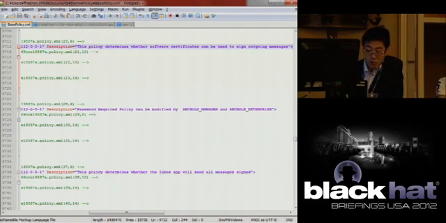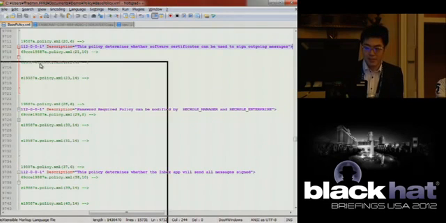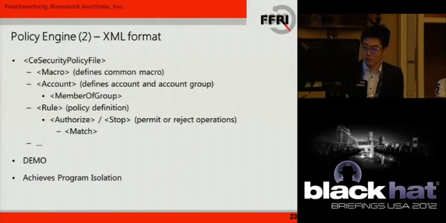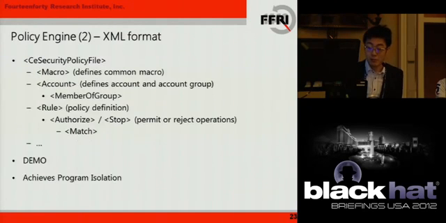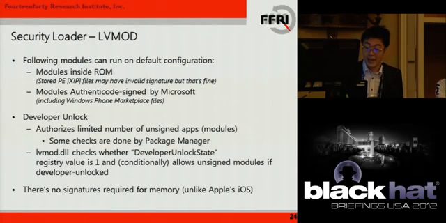The security loader verifies executables and modules before you run the applications and load the modules. This security loader, LVMod, only allows modules contained in the ROM and modules signed by Microsoft. For instance, all Windows Phone Marketplace files are signed by Microsoft.